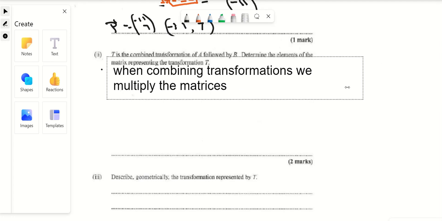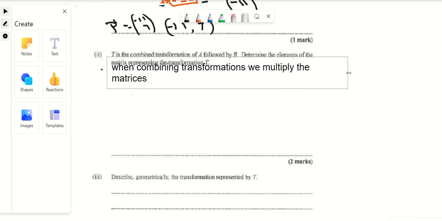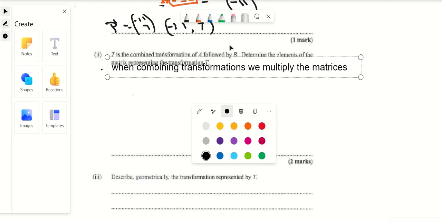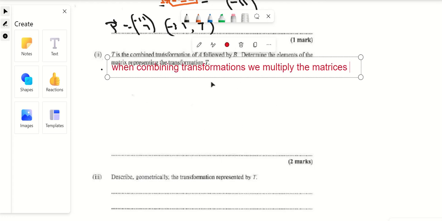All right, let's make this smaller and put this in red so we can see it. So when combining transformations, we have to just multiply the matrices.